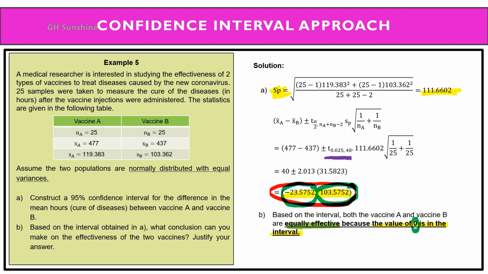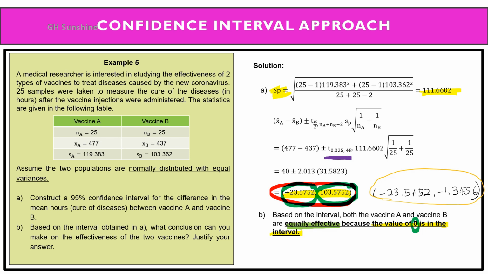That's why both vaccines are equally effective. But let's say the interval obtained is like this: negative 23.5752 and negative 1.3456. What is the conclusion? Is there any zero in the interval? No zero, right? Because both are negative values.